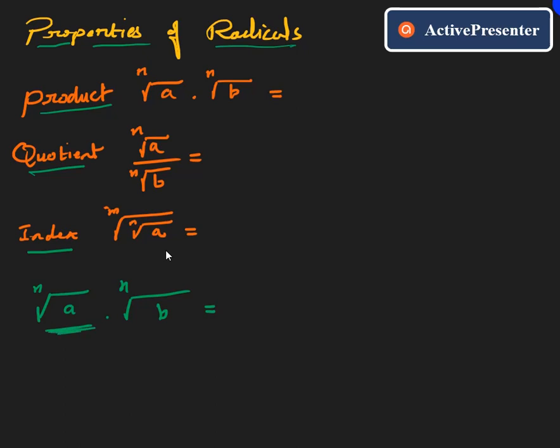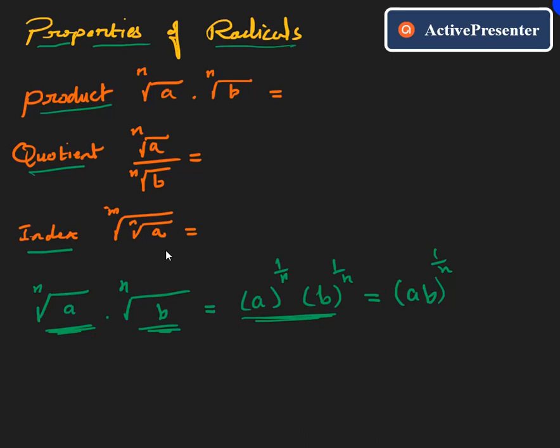This is equal to a to the power 1 over n, multiplied by b to the power 1 over n. So this whole expression can be written as a multiplied by b, all to the power 1 over n, if you remember the properties of exponents.